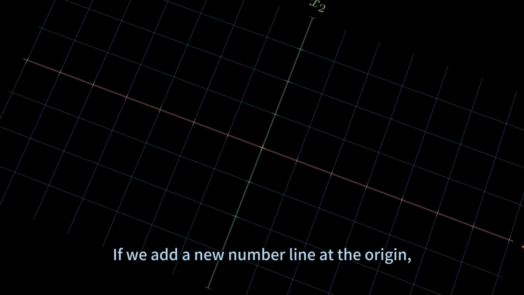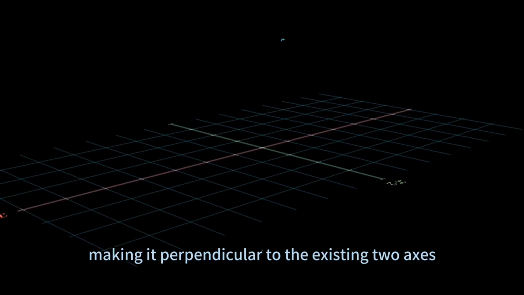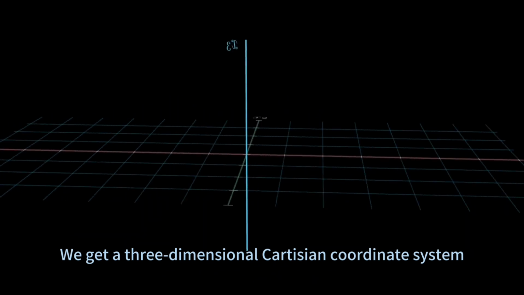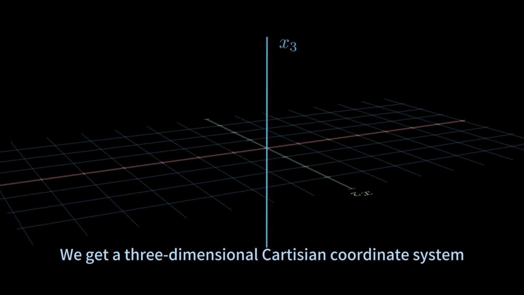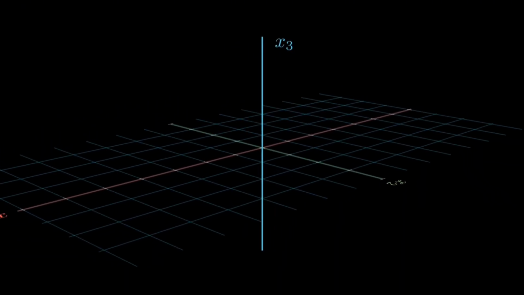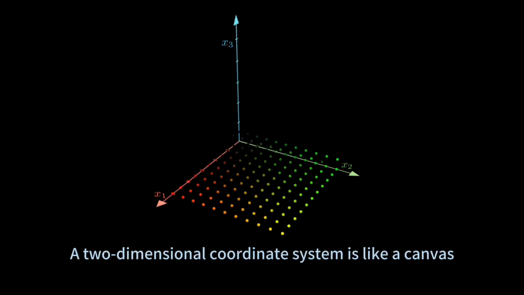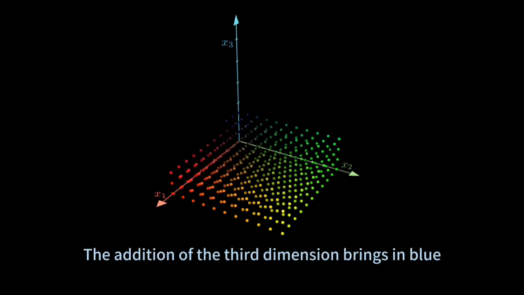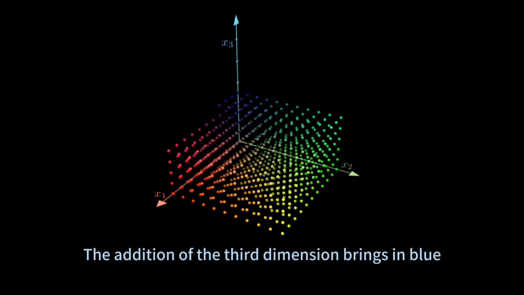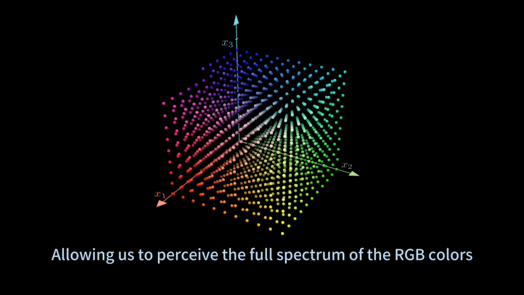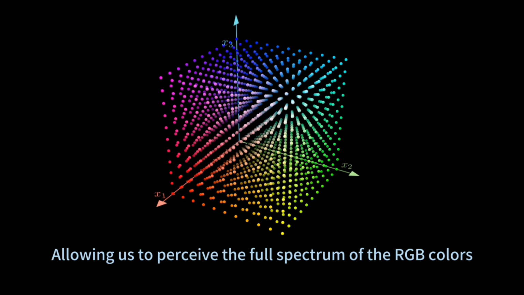If we add a new number line at the origin, making it perpendicular to the existing two axes, we then get a three-dimensional Cartesian coordinate system. A two-dimensional coordinate system is like a canvas painted with red and green. The addition of the third dimension brings in blue, allowing us to perceive the full spectrum of the RGB colors.